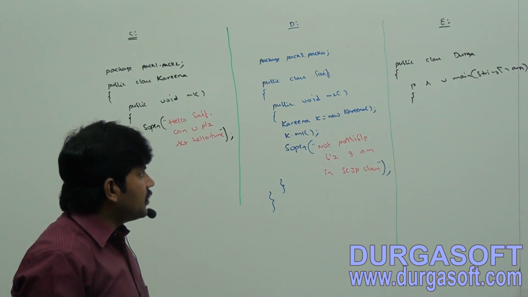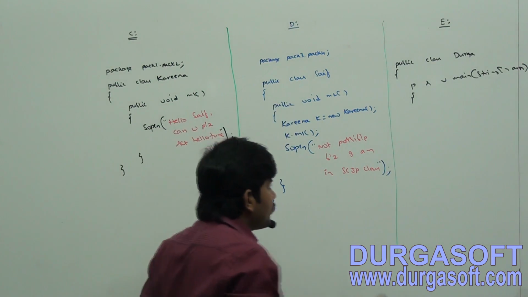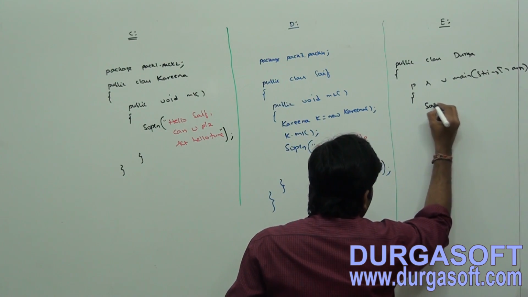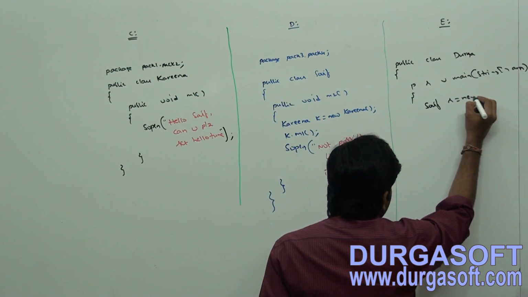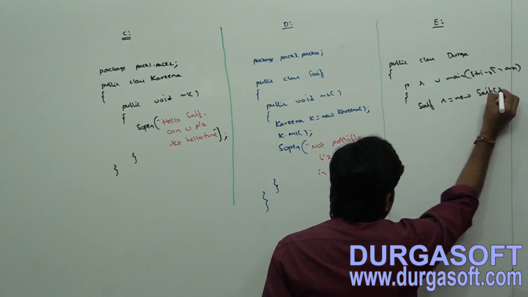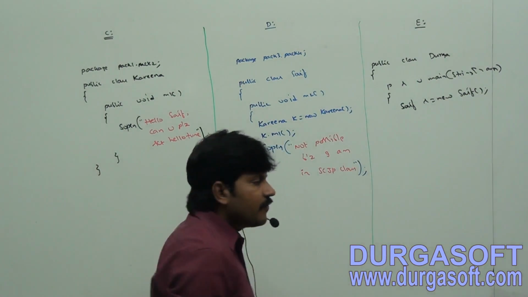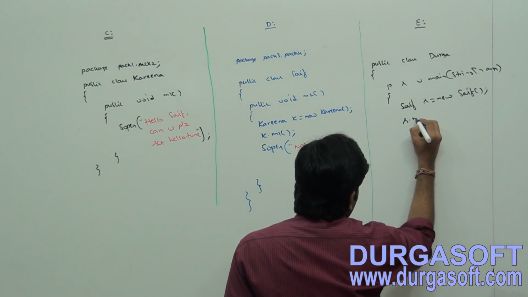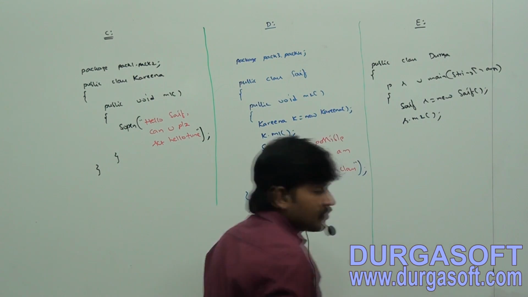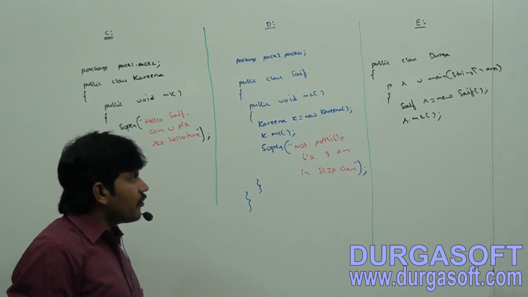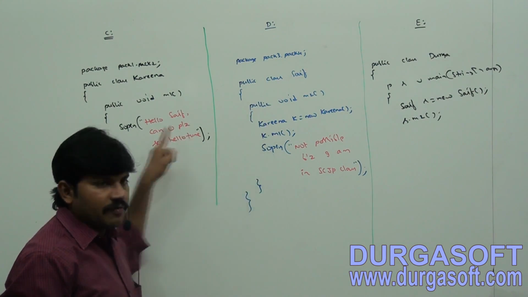Now I am creating Saif s is equal to new Saif. S.m2 method I am calling. Whenever we call m2 method, k.m1.